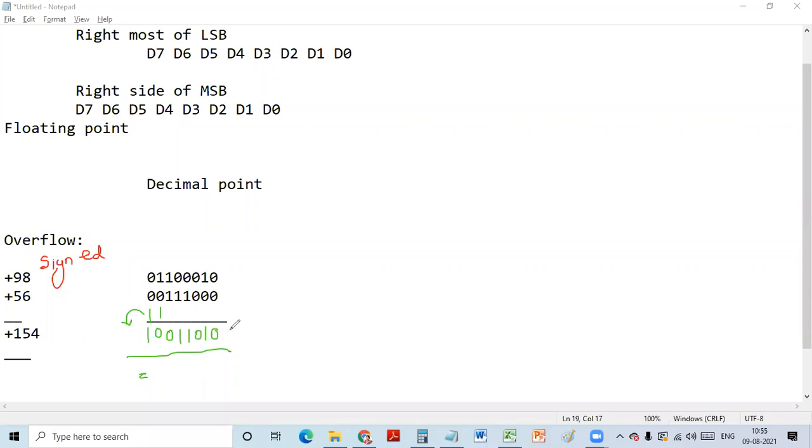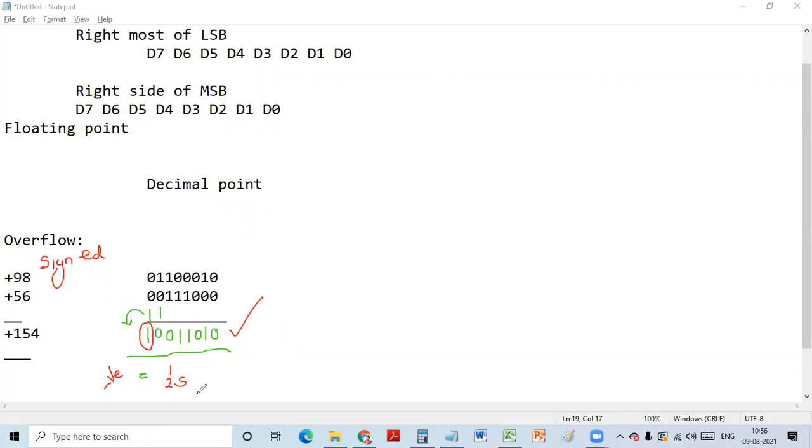So this is your result, and from your result it is clear that my most significant bit is 1. So the number is negative. To calculate its value, I have to go by the method of 2's complement, because negative numbers are represented in 2's complement method.